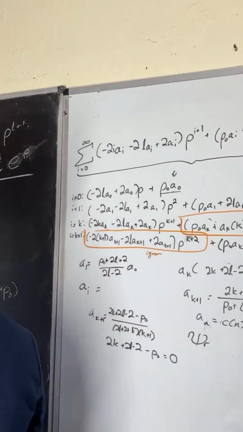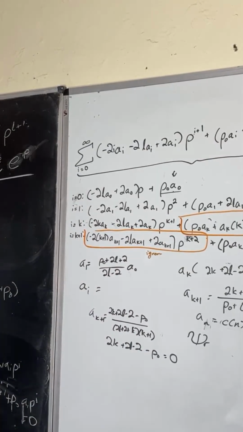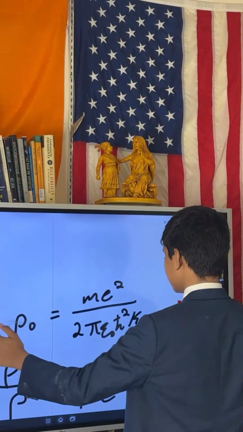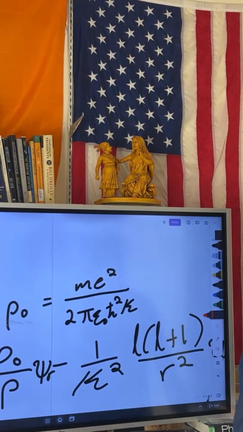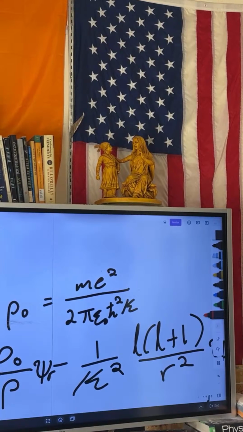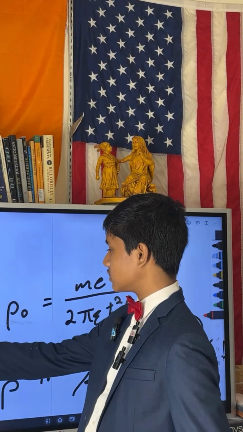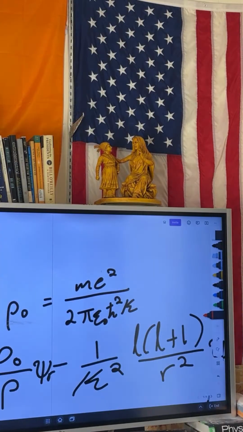So, recall that since a long time ago we said, where is it now? Rho naught is this. So rho naught is equal to me squared divided by 2 pi epsilon naught h bar squared, and kappa. Recall that, this should have r, but forget it.